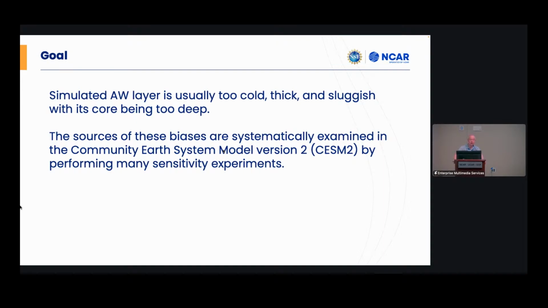In this study, what we are doing is systematically examining CESM version 2, trying to identify the causes of these biases by performing many sensitivity experiments. In both the manuscript and the presentation today, I'm going to show you only a subset that we selected to make our point here.